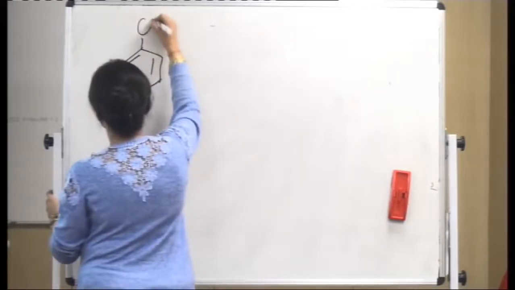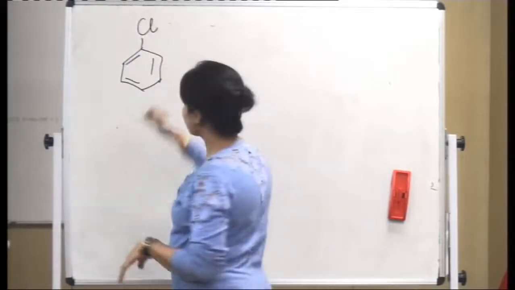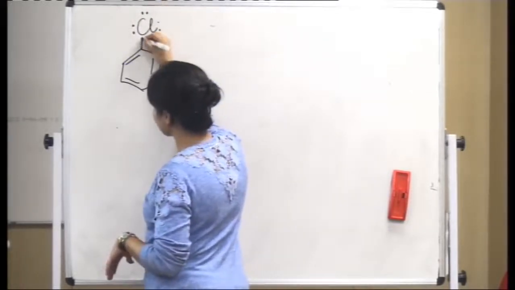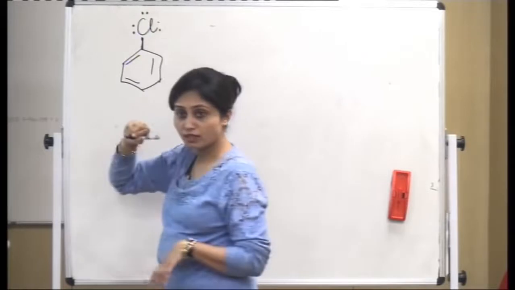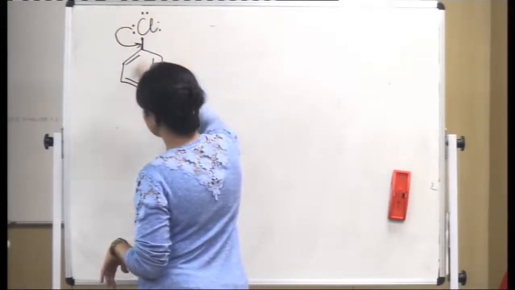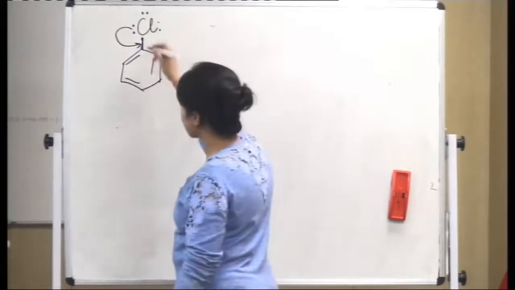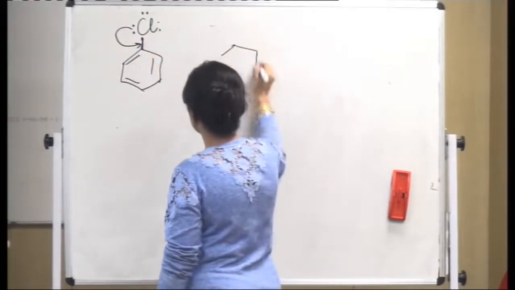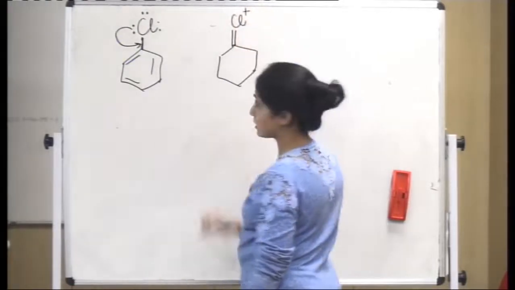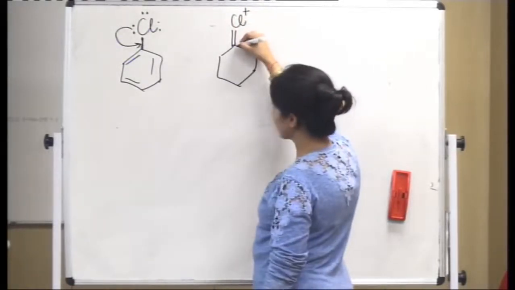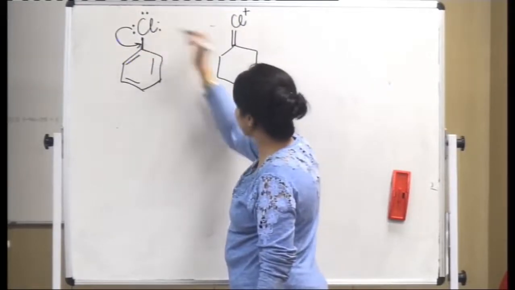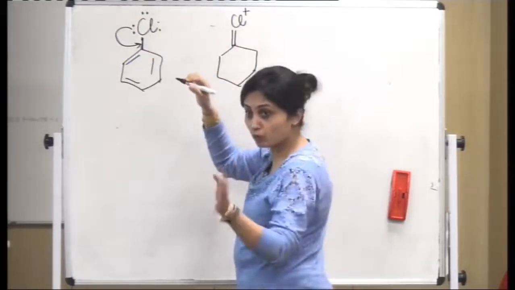You have Cl here, you know this Cl has 7 electrons in its outer shell, the 7th one is involved in the bonding with the carbon atom. Now this lone pair can shift to this bond. If it shifts to this bond, what will happen to this bond? It becomes a double bond with Cl and this positive charge comes. Now if this carbon takes a double bond, its valency would be 5, because a double bond has formed, that is not possible.